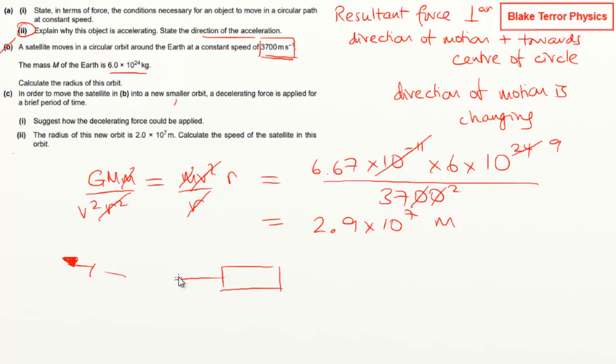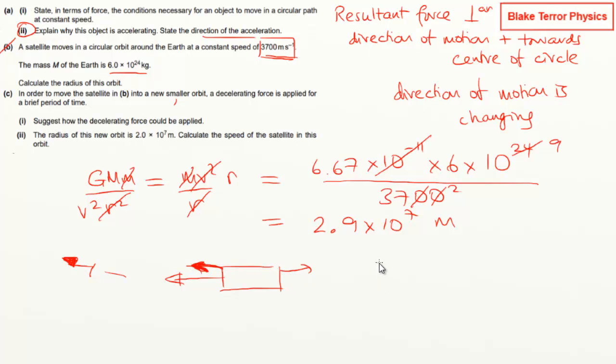If the spaceship is moving along like this and we want to slow it down, you've got the whole Newton's third law thing, isn't it? If you chuck something out the front, then the force on what you've thrown out is going to be equal and opposite to the force experienced backwards on the spaceship.